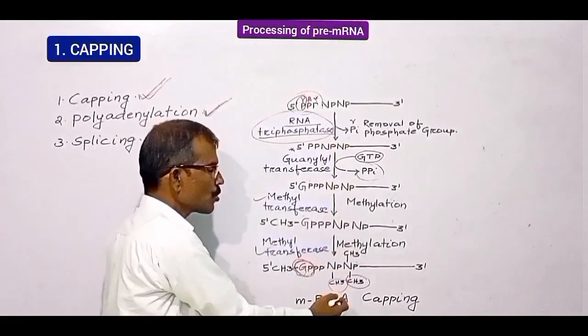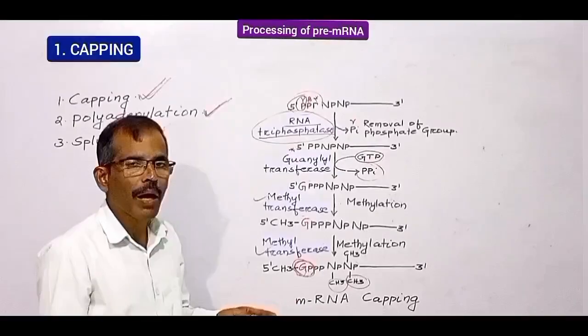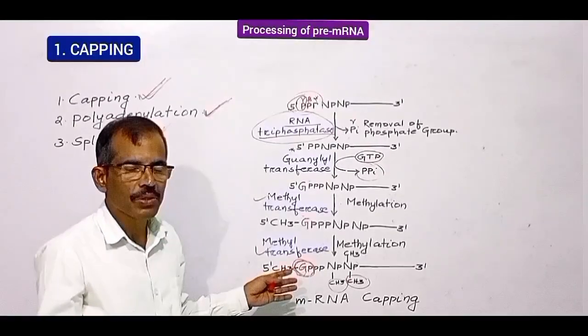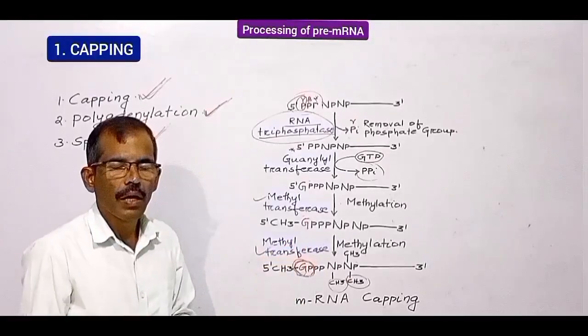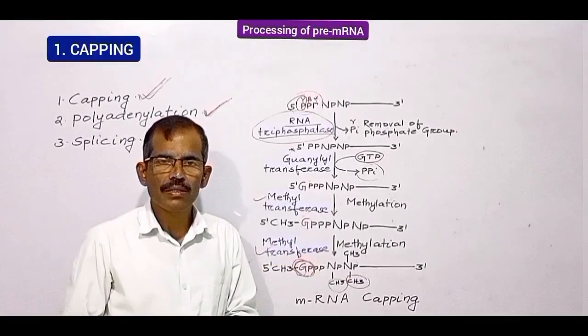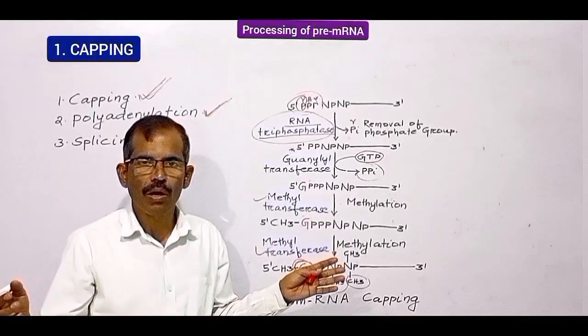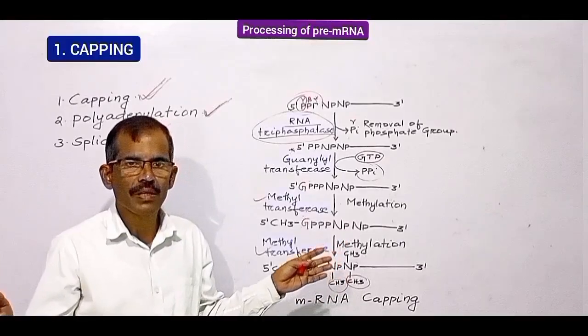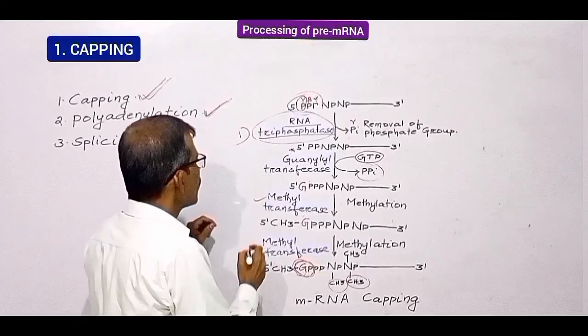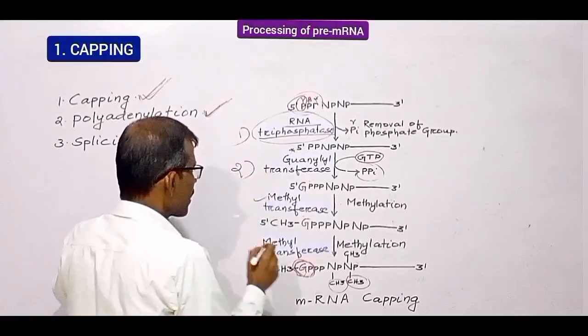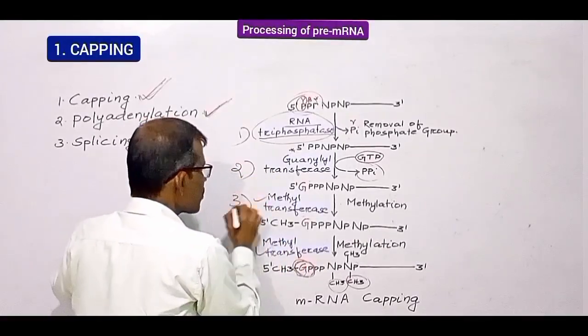This figure illustrates the pathway of mRNA capping, in which several different enzymes are involved. Capping requires the sequential action of 3 different enzymes: RNA triphosphatase, guanylyl transferase and methyl transferase.